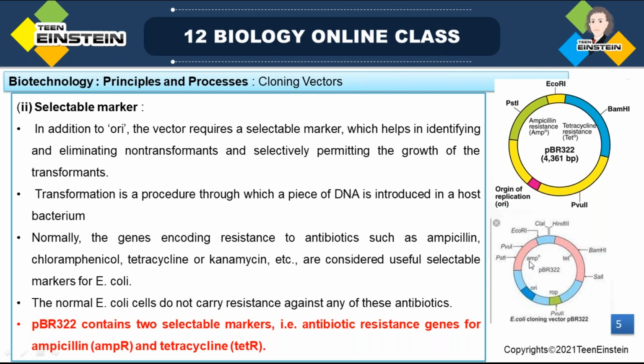In that, two selectable markers, the ampicillin resistant gene and the tetracycline resistant gene. Two antibiotic resistant genes are there. Repeatedly I am saying this because these questions are sure for your board exam.